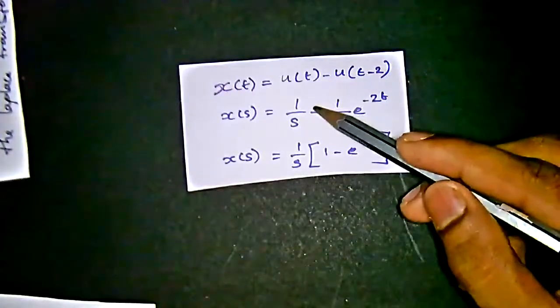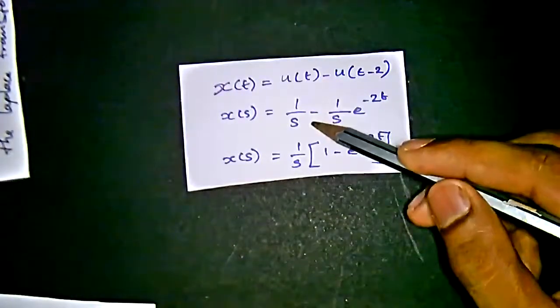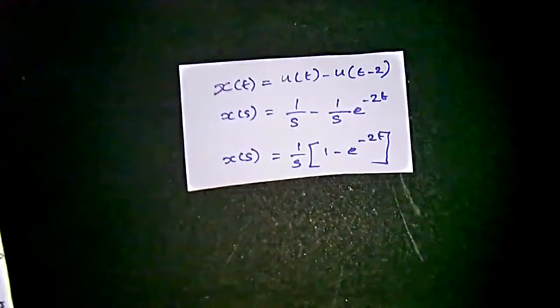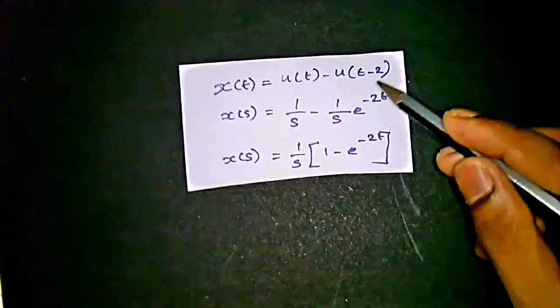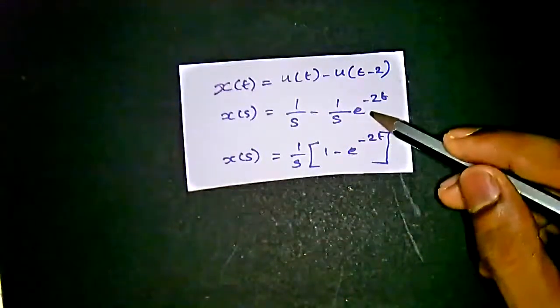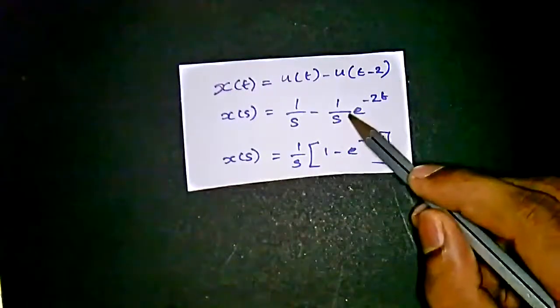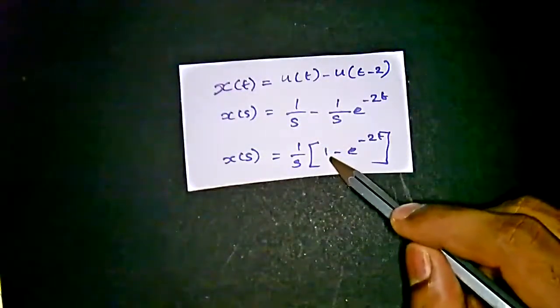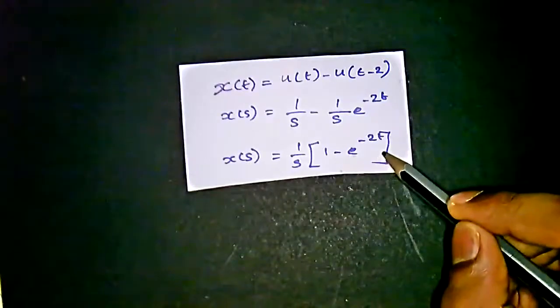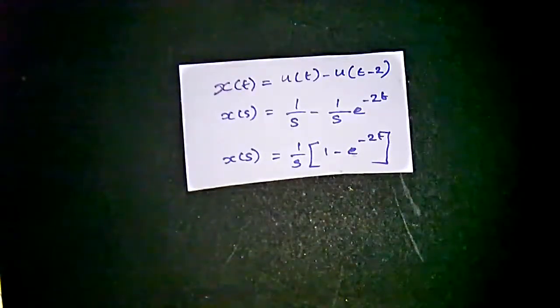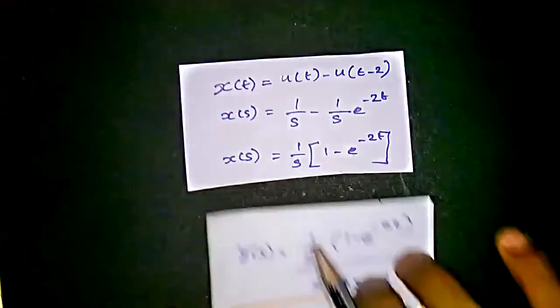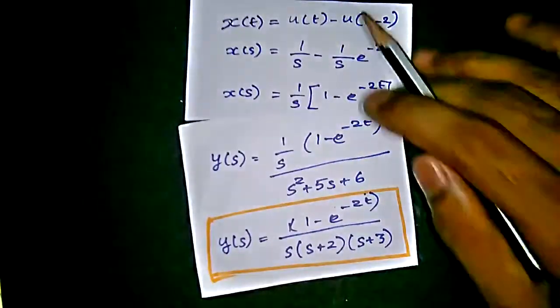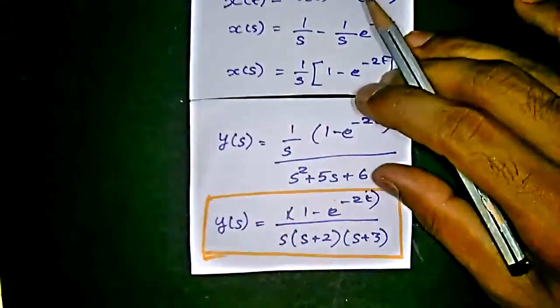The Laplace transform of u of t is 1 by s, and u of t minus 2 can be written as 1 by s times e to the power minus 2s. Taking 1 by s as common, we get 1 by s times 1 minus e to the power minus 2s. So we apply this X of s value in the equation for Y of s.